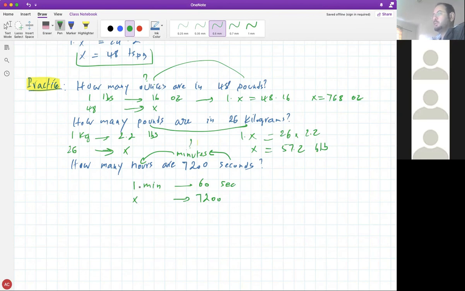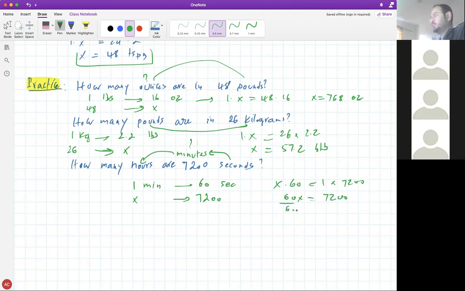So 1 minute, 60 seconds. X minutes in 7,200 seconds. Cross multiply and find X. X times 60, 1 times 7,200. So 60X equals 7,200.